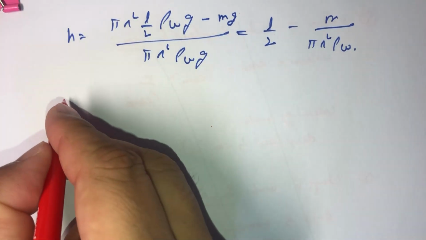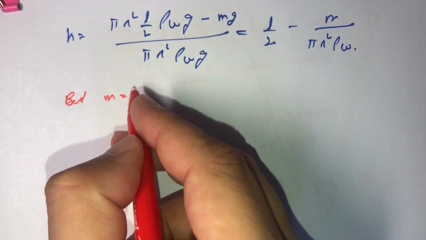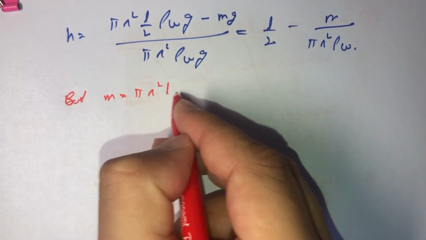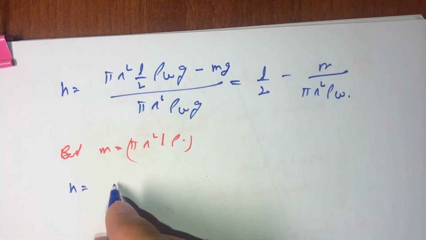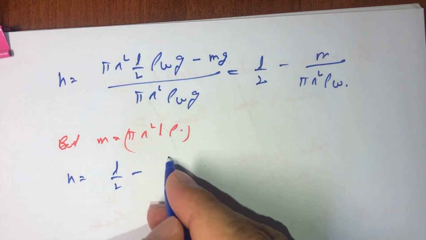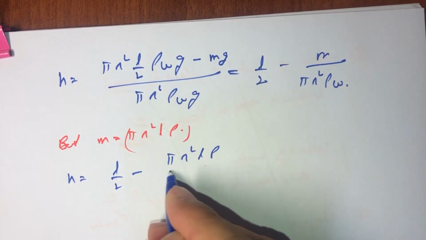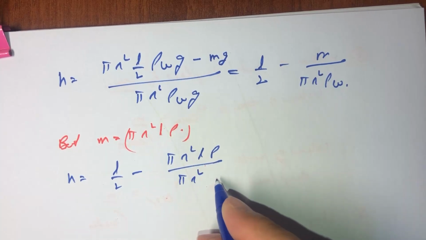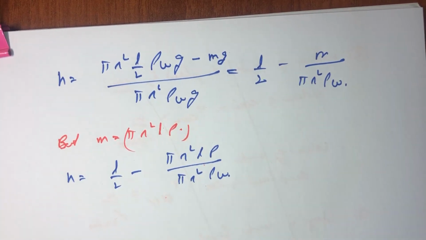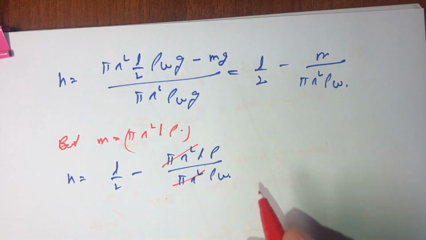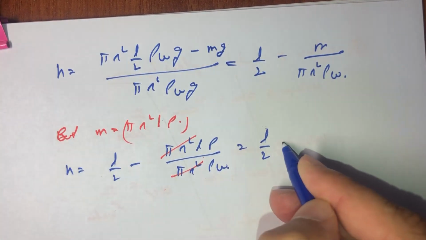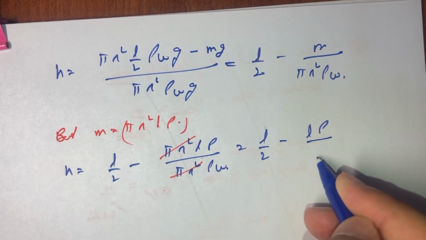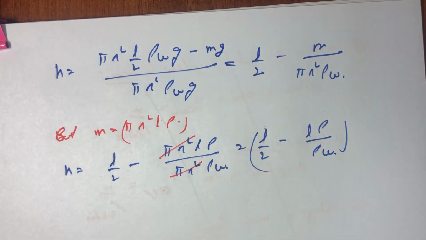We know that m is equal to pi r square L multiplied by rho. Substituting the value of m, we get h is equal to L by 2 minus pi r square L rho divided by pi r square rho w. Pi r square cancels out, and this comes as L by 2 minus L rho divided by rho w.